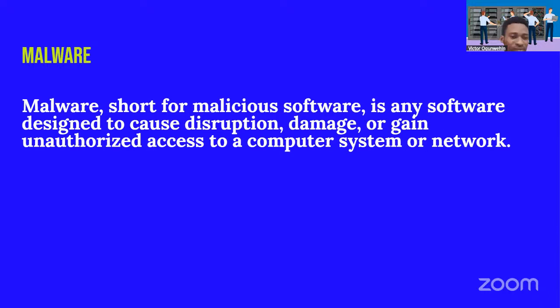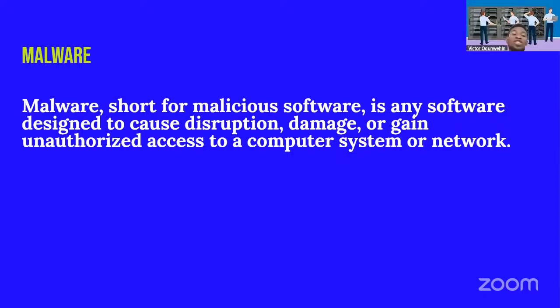Malware. This is short for malicious software. When we say malicious, we mean something obnoxious, harmful, destructive. That's the meaning of malicious. From coining mal and ware, that's called malware. It is any software designed, and most of them are intentional.